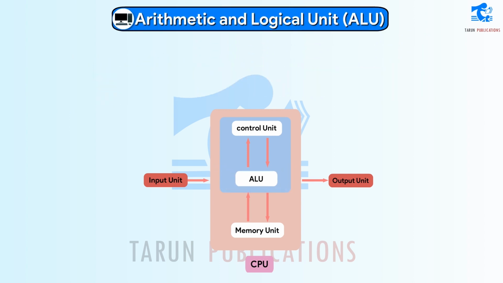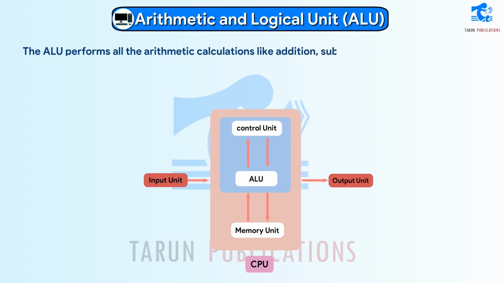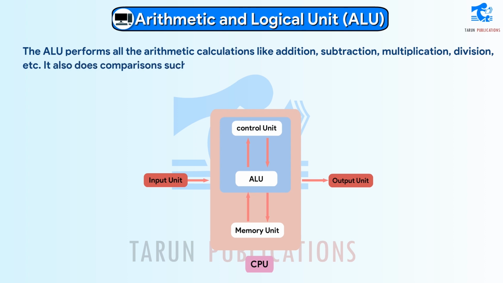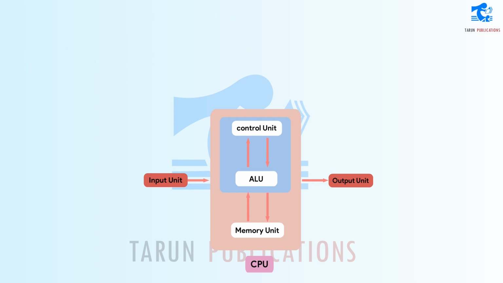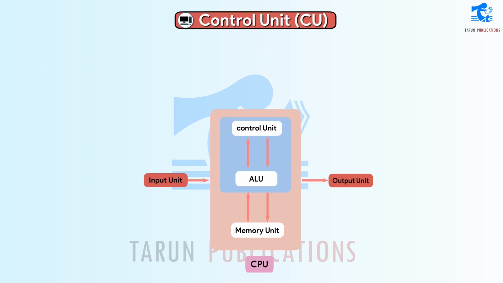Arithmetic and Logical Unit, ALU. The ALU performs all the arithmetic calculations like addition, subtraction, multiplication, division, etc. It also does comparisons such as greater than or less than, etc. Control Unit, CU. The CU directs the functioning of the computer processor.